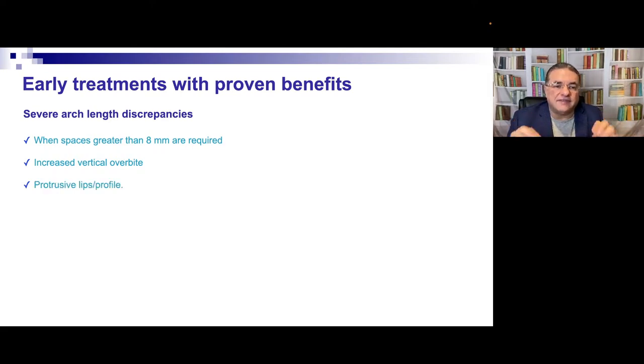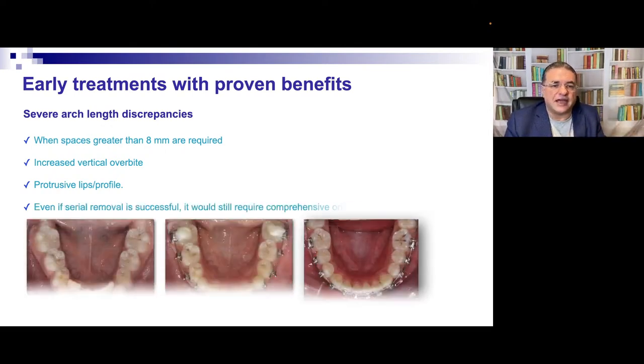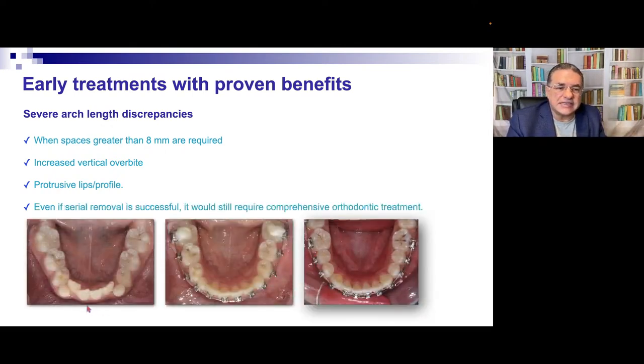We can even help protrusive patients with their lips and profile. And here we can see an example of a severe crowding patient at early stages, and what we can gain. I even use the deciduous teeth.